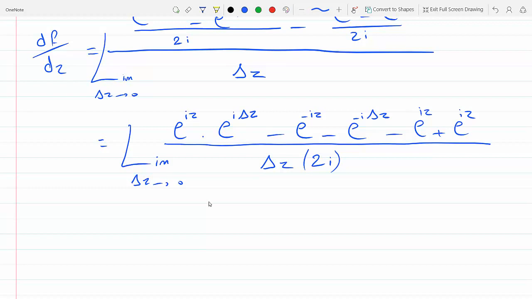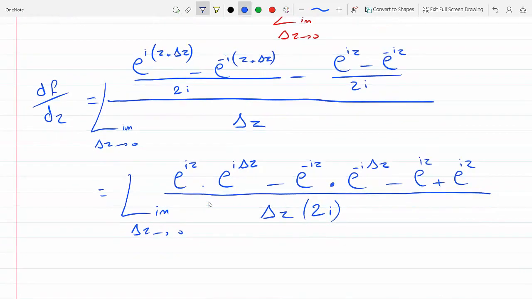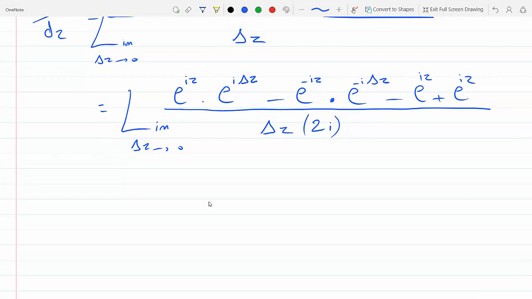Oh wait, this is times here, not minus. Well, I can group these two terms together, the ones that have e to the iz. So I will group this term with this term into e to the i delta z minus 1.